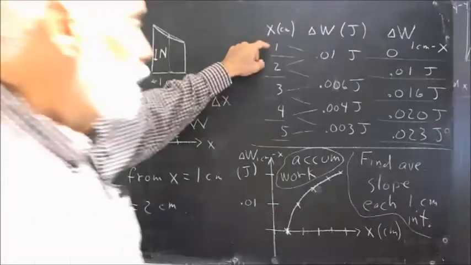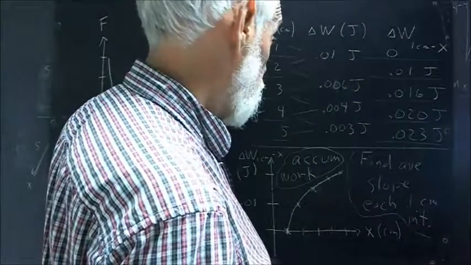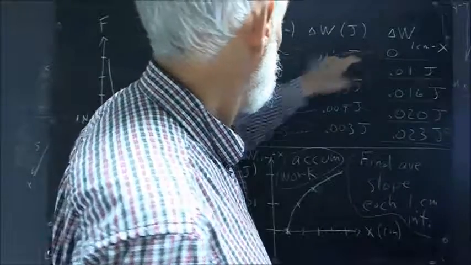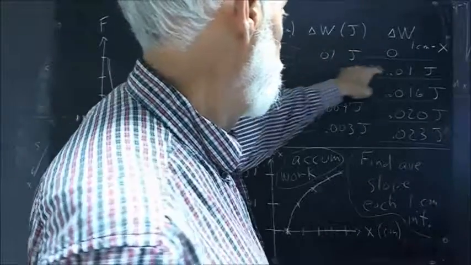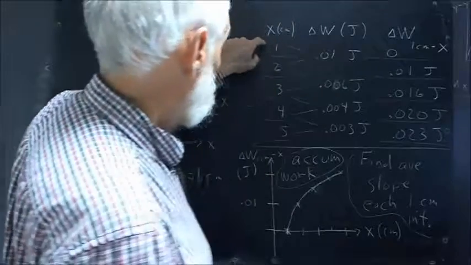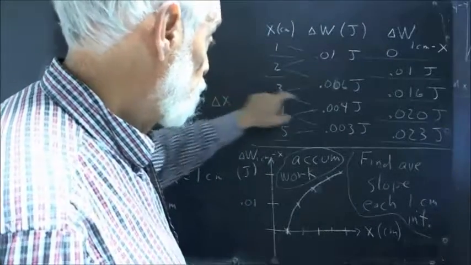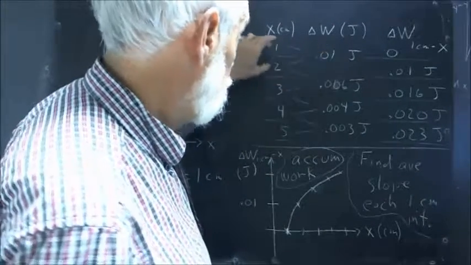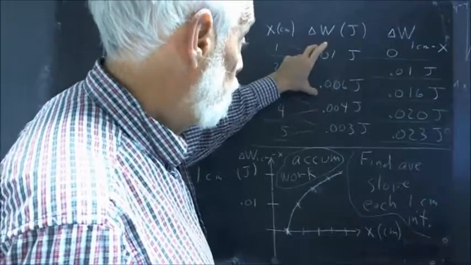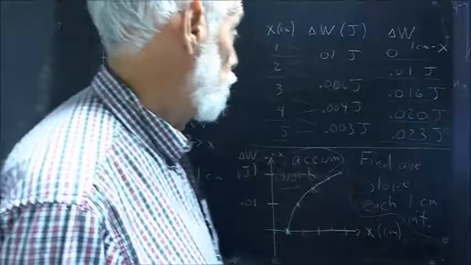But from the 1 centimeter position to the 1 centimeter position, there's no work done. From 1 centimeter to 2 centimeters, 0.01 joules. From 1 centimeter to 3 centimeters, well, we have these 2 intervals intervening between 1 and 3 centimeters. We get all that work, 0.016 joules.